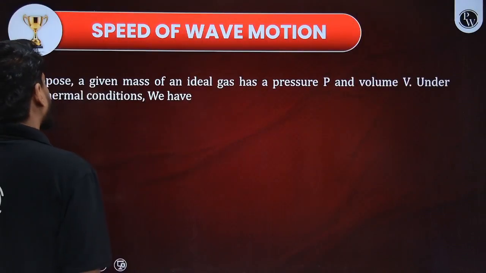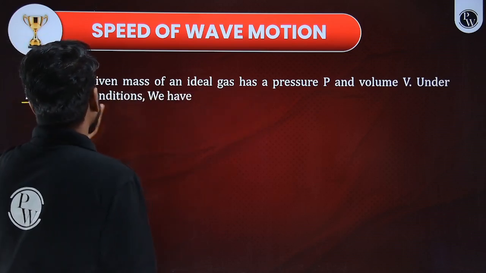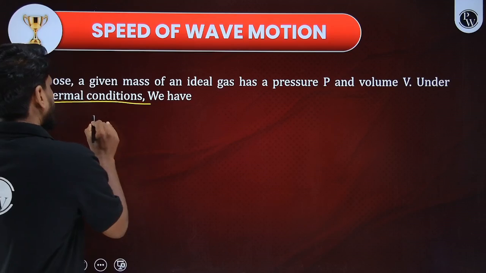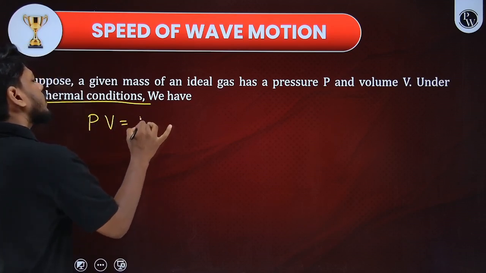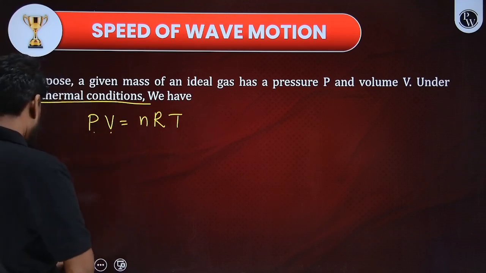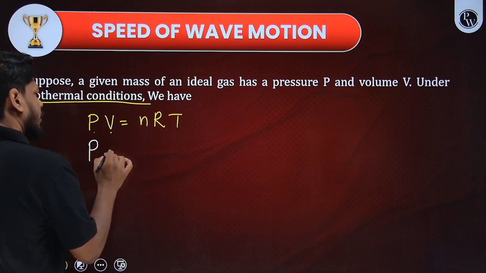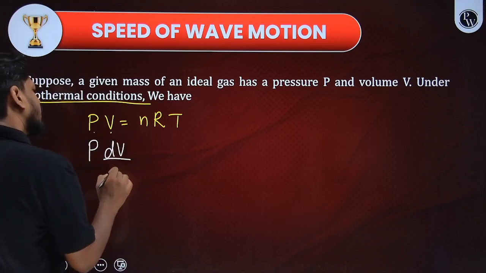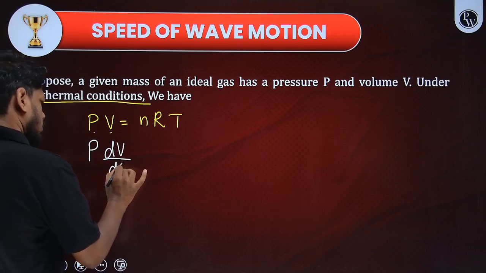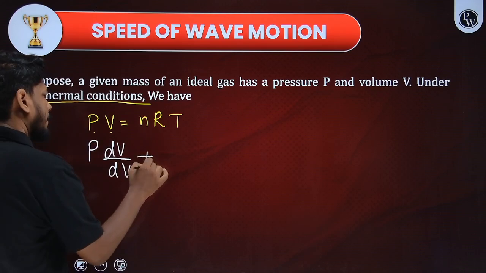Suppose a given mass of ideal gas has a pressure P and volume V under isothermal condition. Isothermal condition means temperature is constant. So PV is equal to nRT. What are the variables? Pressure and volume are the variables. So if I differentiate P into dV, if I am differentiating with respect to volume, what will I get?